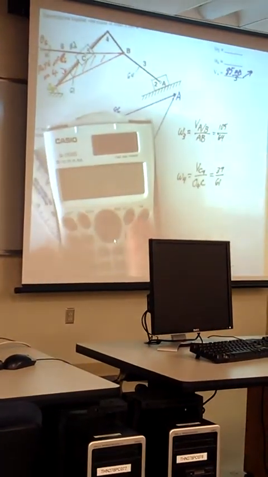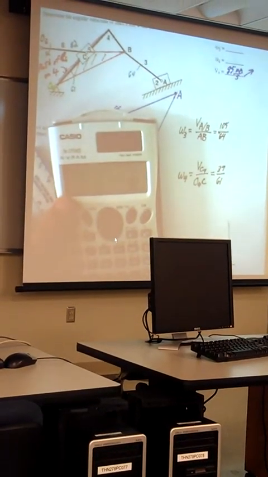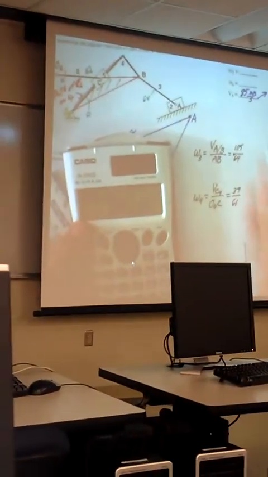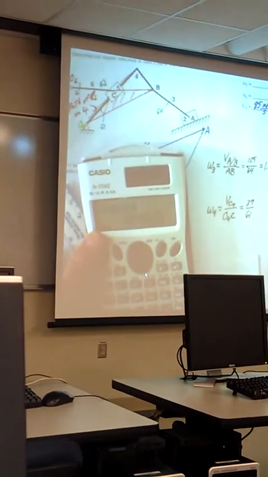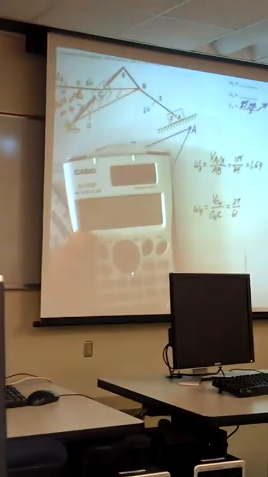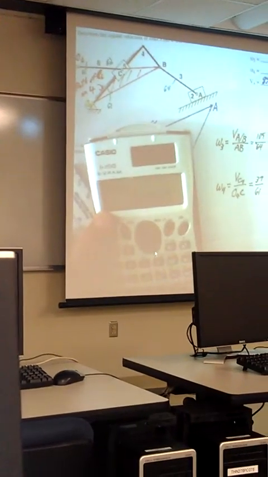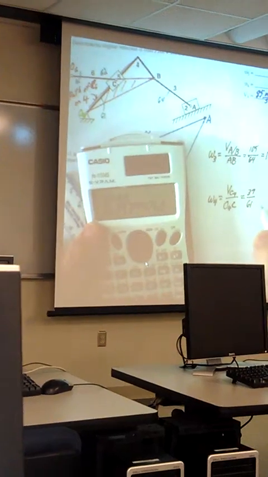Get my calculator out, do the calculations. 105 divided by 64 equals 1.64. 39 divided by 61 is 0.639.